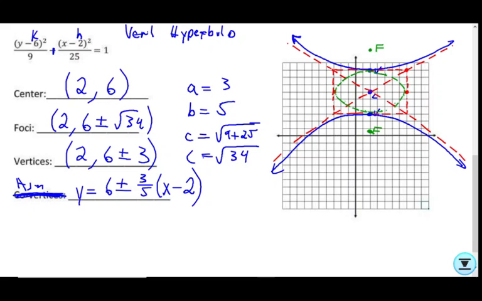The inside of the rectangle actually creates the ellipse, where the outside rectangle represents the hyperbola. Because the ellipse is the sum of the distances, and the hyperbola is the difference of the distances. So if you can draw an ellipse or a hyperbola, you can draw the other one. Okay?